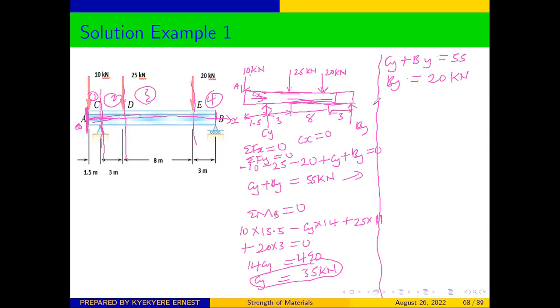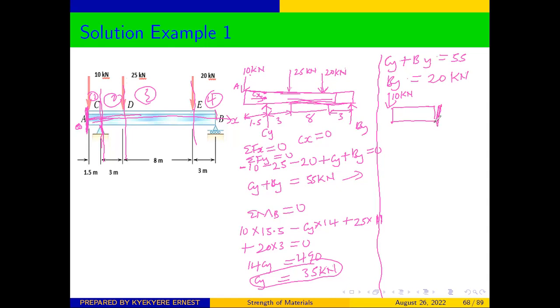So first of all, let's pick the first shear force. Our 10 is up here. This is 10. Then the shear force should always be in the positive direction.